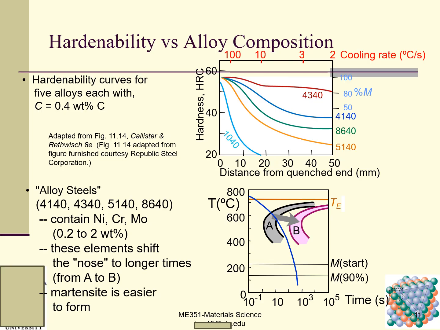As a result, even a lower cooling rate can still avoid the nodes of the phase transformation curves, both the start curve and the end or completion curve. Because of the alloying elements, I can still get martensite. You should be able to use your own words to explain the significance of these alloying elements.